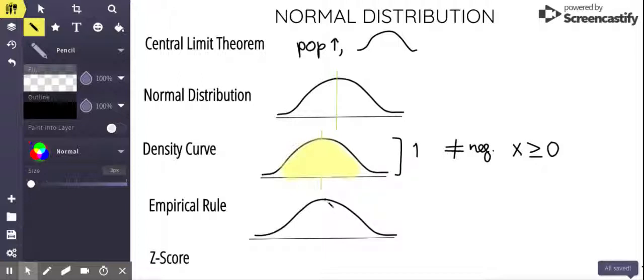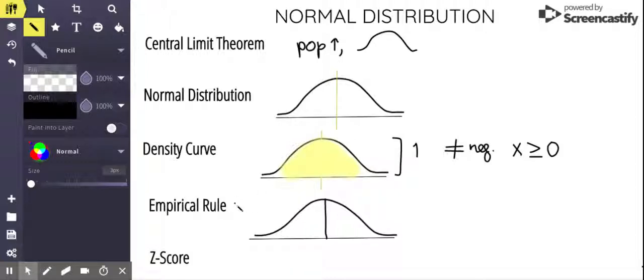If this is going to be our mean right here, then of course for normal distribution, we can see that the mean equals the mode, which also equals the median. And that's one of the characteristics of normal distribution, which we will get back to later.